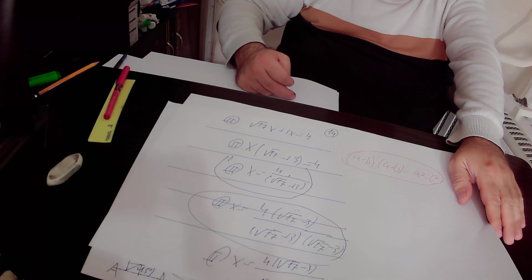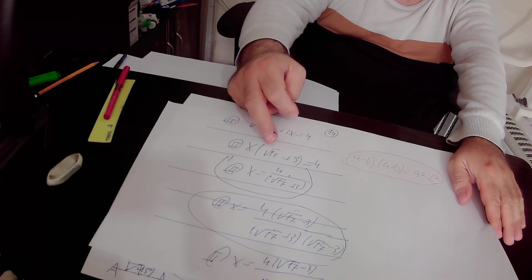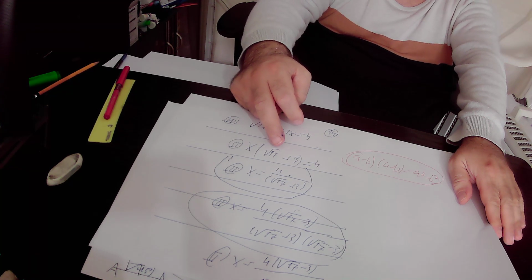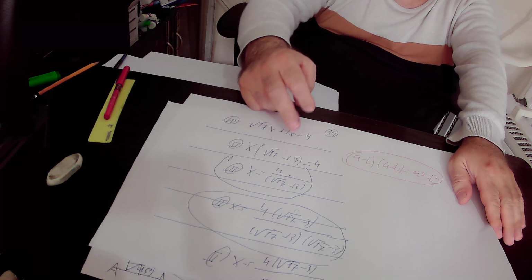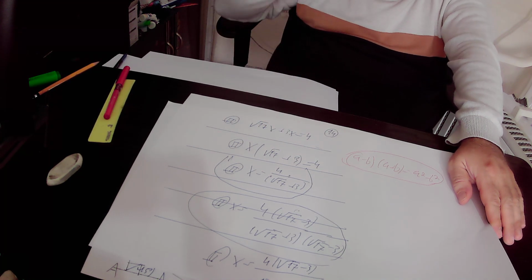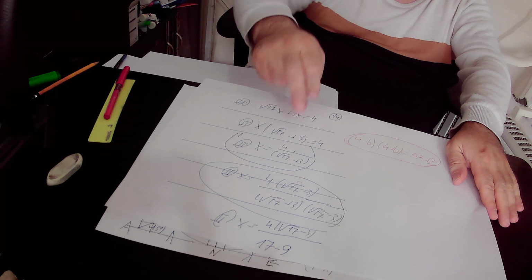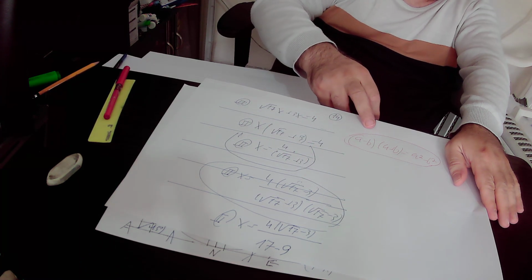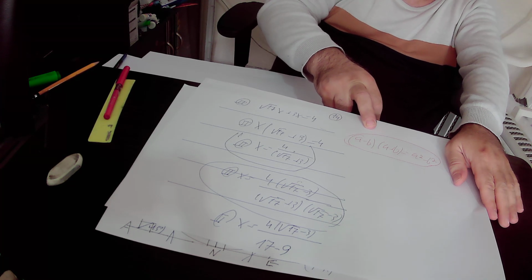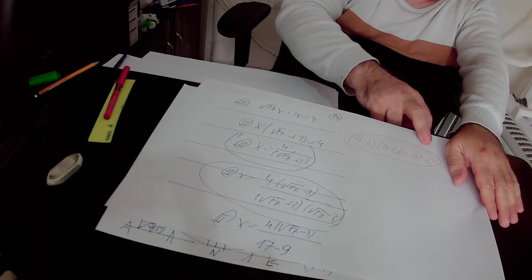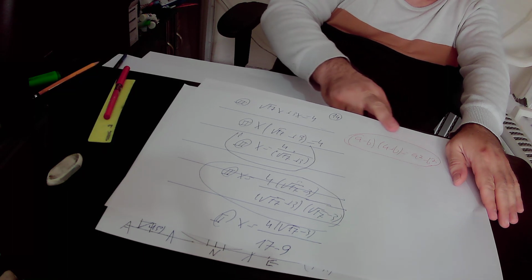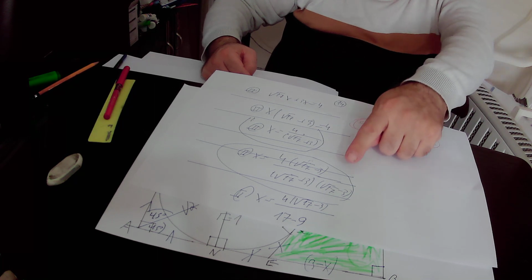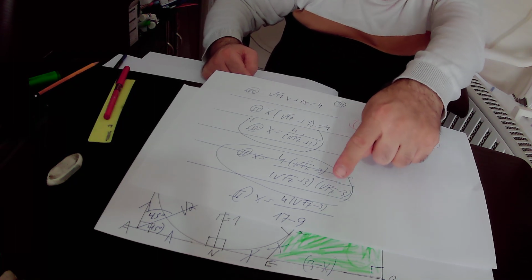Here we multiplied this by square root of 17 minus 3, and we divided it by square root of 17 minus 3, and we found the value of the expression in the denominator according to the algebraic identity that (a minus b) times (a plus b) equals a squared minus b squared. So according to this identity, the value of this expression equals 17 minus 9.